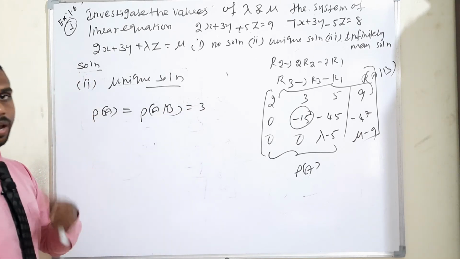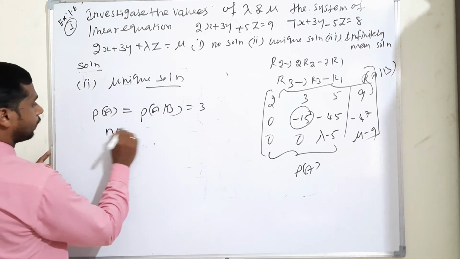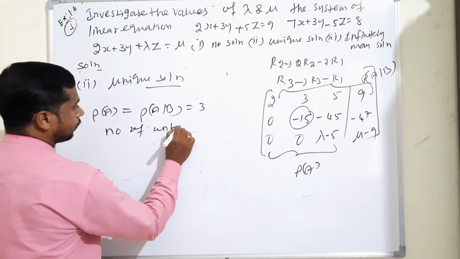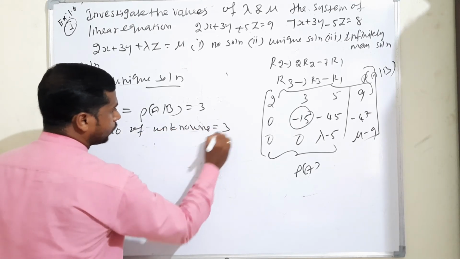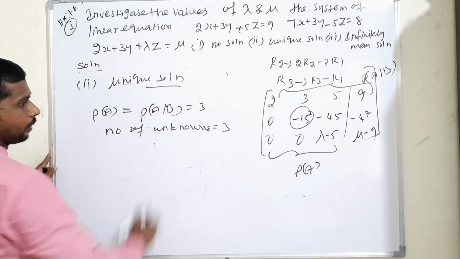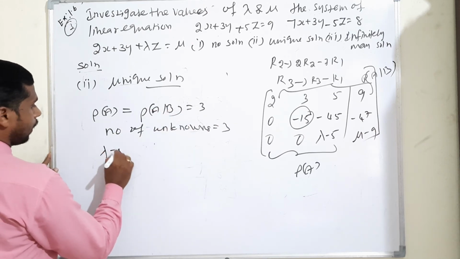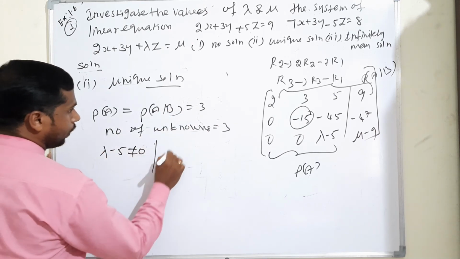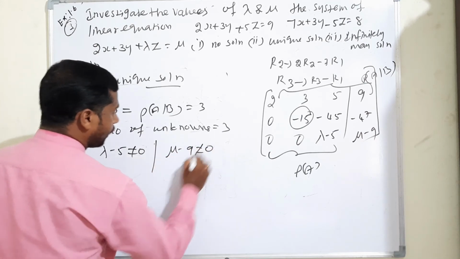Why am I writing 3? Number of unknowns is equal to 3. So always both of them equal to 3 means lambda minus 5 also not equal to 0. Then mu minus 9 also not equal to 0.